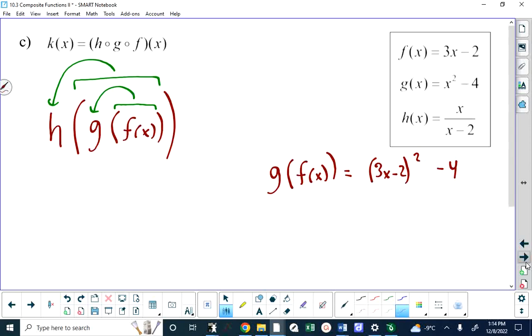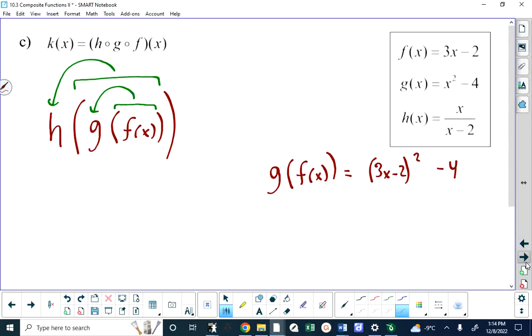So this is g of f. I better just check. g of f. See, remember yesterday when I said if you think you're never going to stumble or make a mistake, you're probably wrong? I thought I did, but this is right. f of x, which is 3x minus 2, goes in for x in g of x.